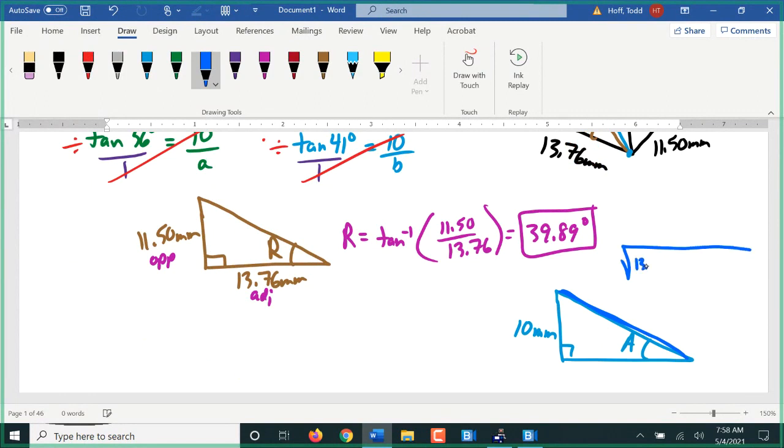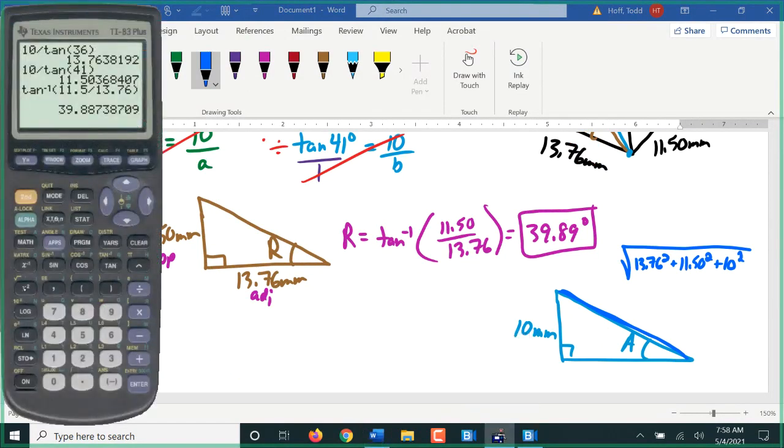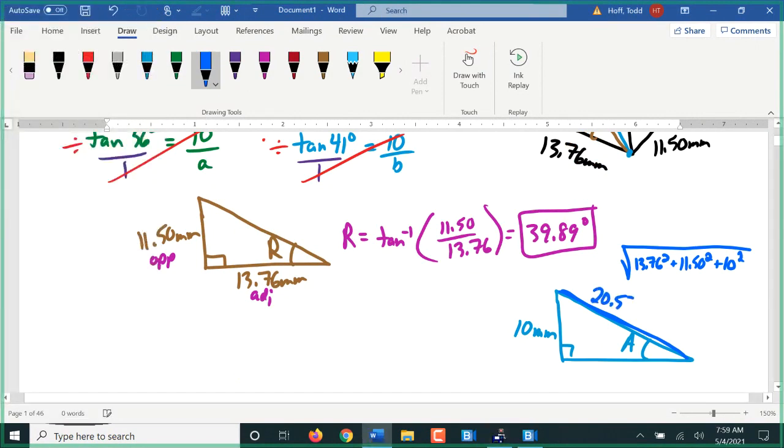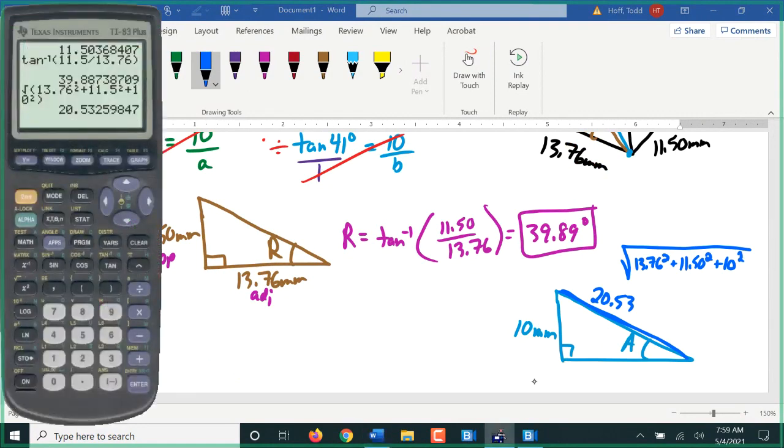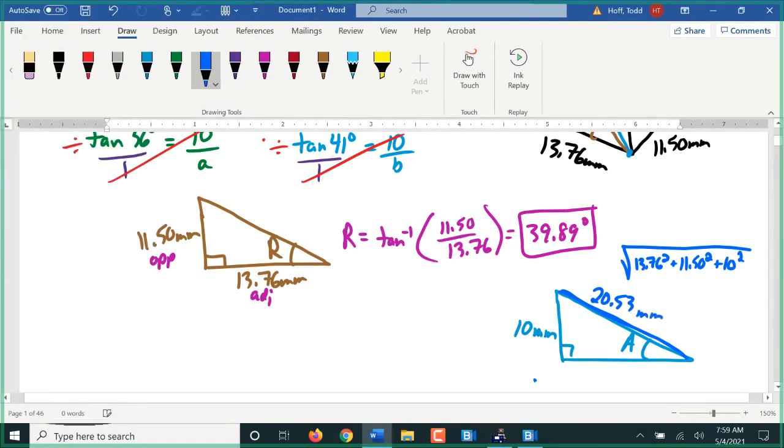That's the square root of 13.76 squared plus 11.50 squared plus 10 squared, giving us 20.53, 20.533 we'll call it, millimeters.